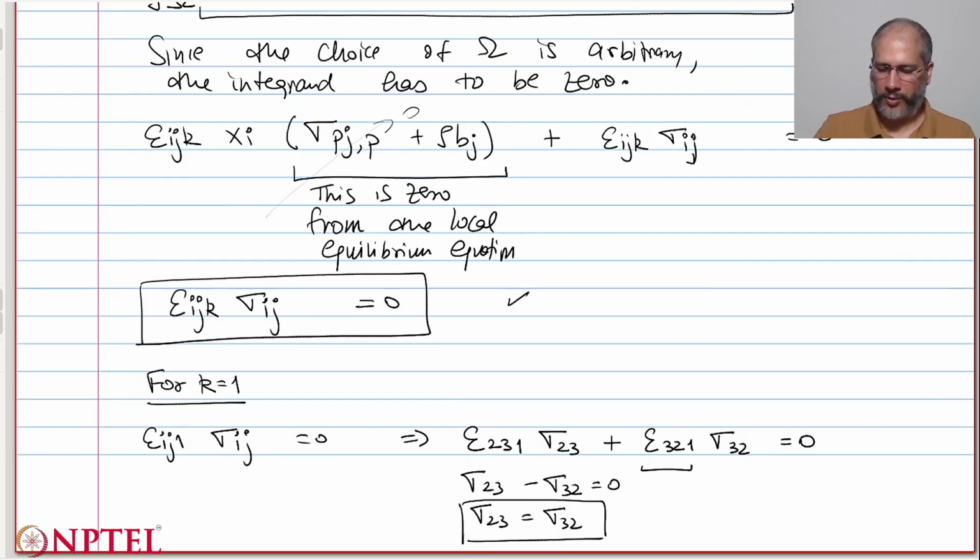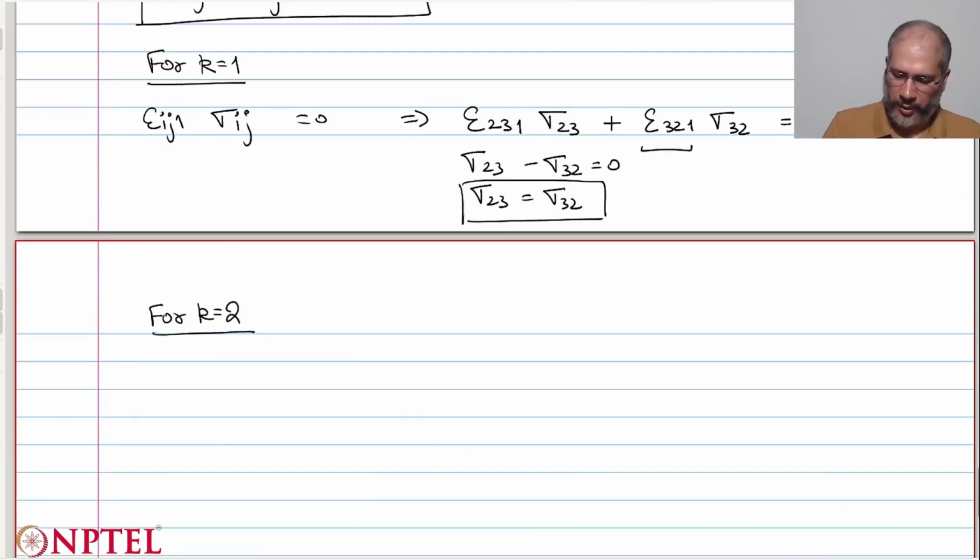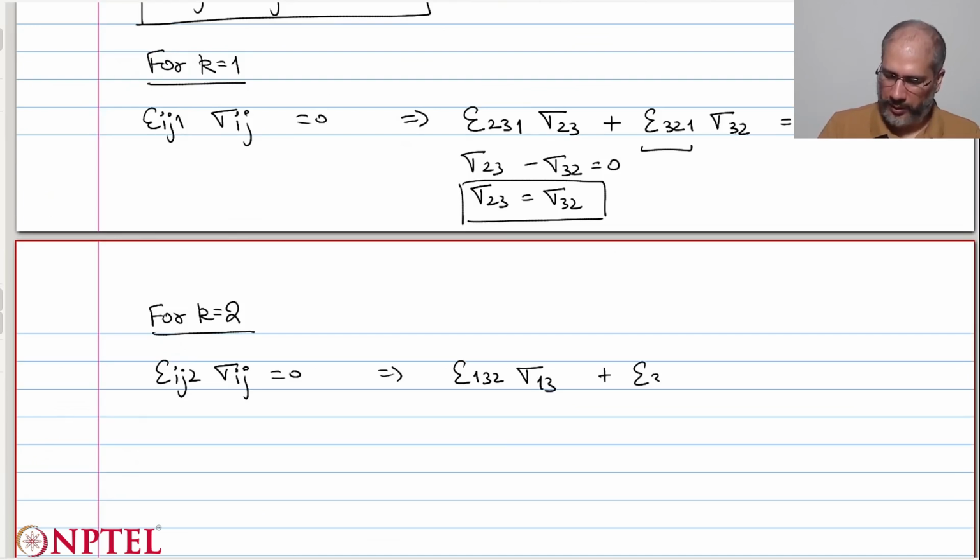Now this equation of course is valid for all 3 values of k. So let's see what we get if we take k equals 2. In case we have k equal to 2, we'll have epsilon ij2 times sigma ij equal to 0, which basically means that epsilon 132 times sigma 13 plus epsilon 312 times sigma 31 equal to 0, which would give us sigma 13 equals sigma 31.